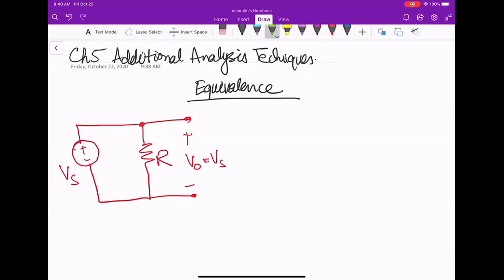And if we draw an equivalent circuit of this circuit in terms of current source, it will be something like this.